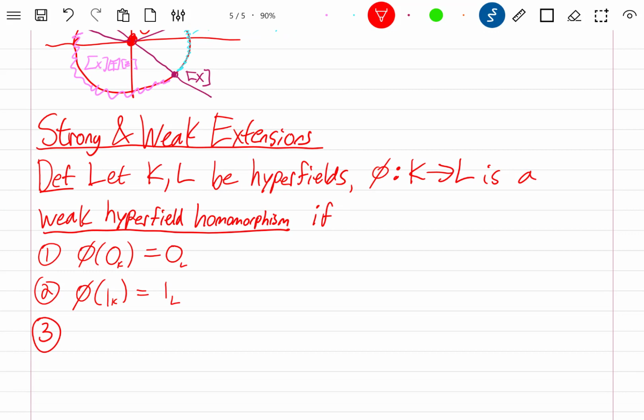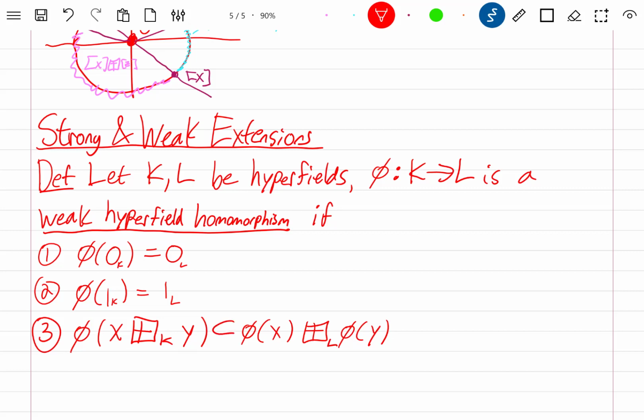We need, so how we will have, if we add two things in K, this should just be the same thing as adding them in L after applying our homomorphism.